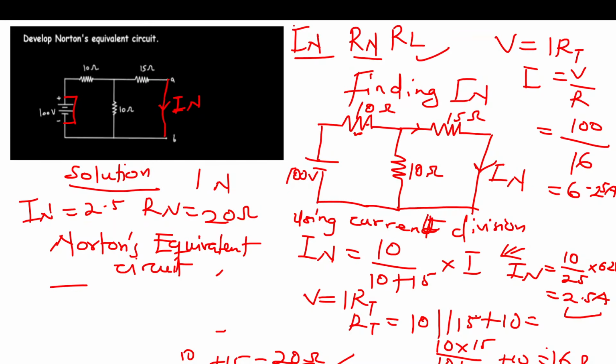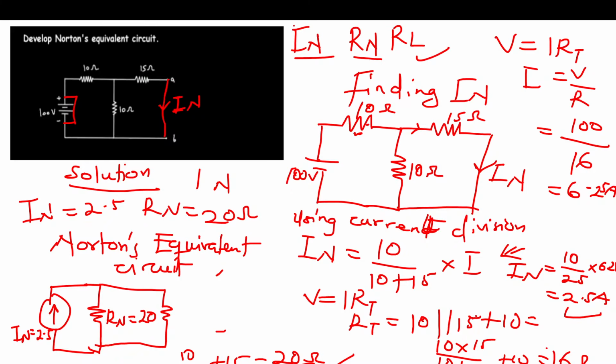Now, this is how it's going to look like. The Norton's current, which was what? 2.5 amperes, connected to the Norton's resistance, that was 20, in parallel with. So in this case, the RL was the open terminal there. Okay, so A, B.